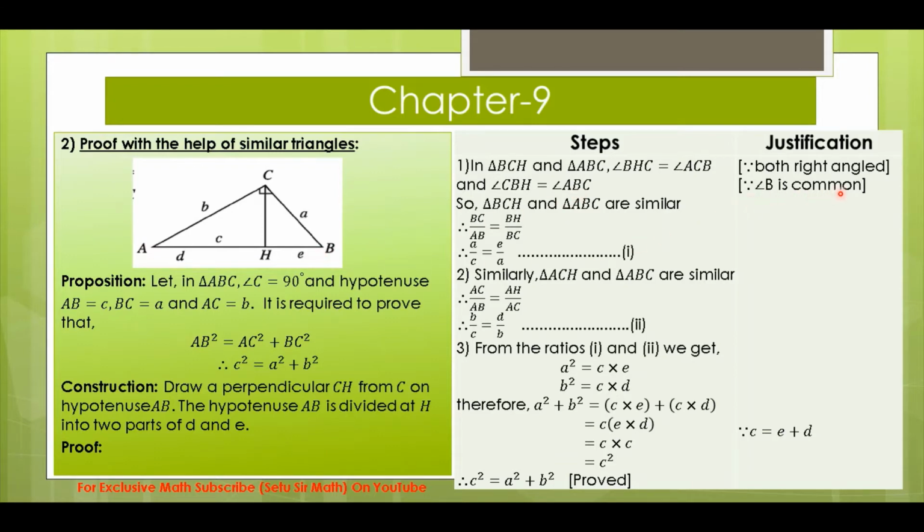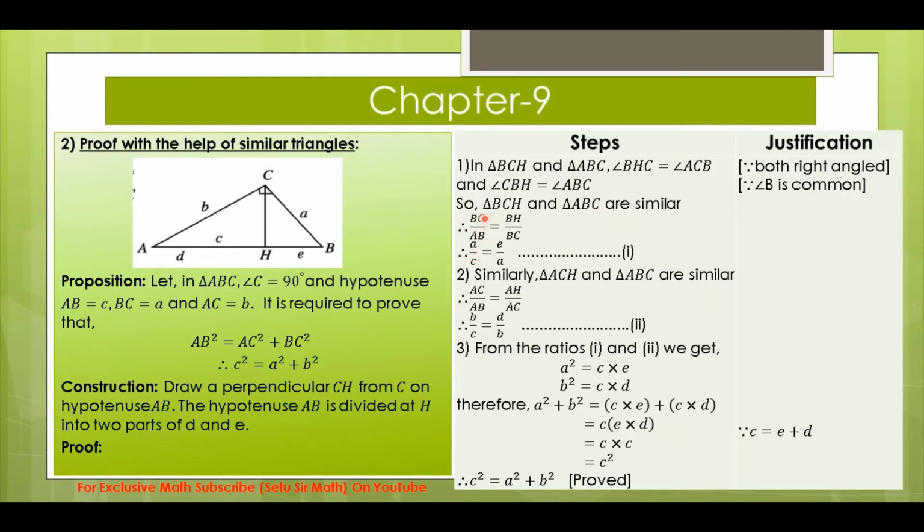Therefore angle B is common between these two triangles. And we know if two angles of any two triangles are equal, then the other angle is also equal. So we can say these two triangles BCH and ABC are similar triangles.